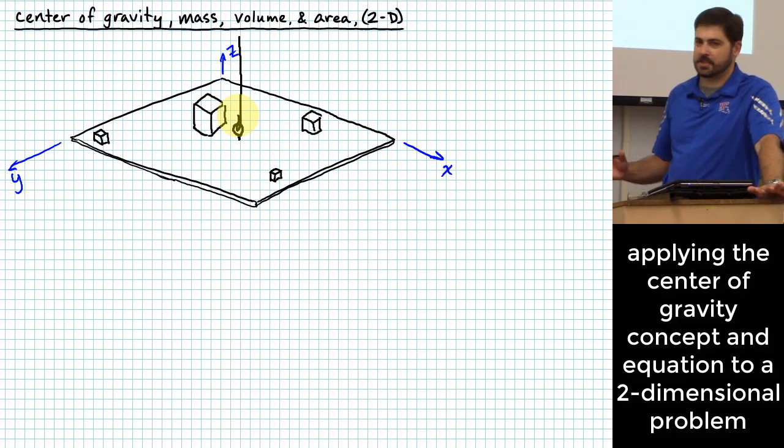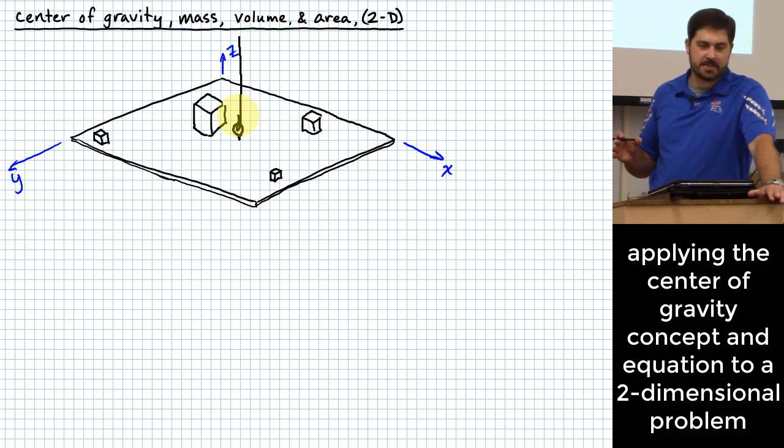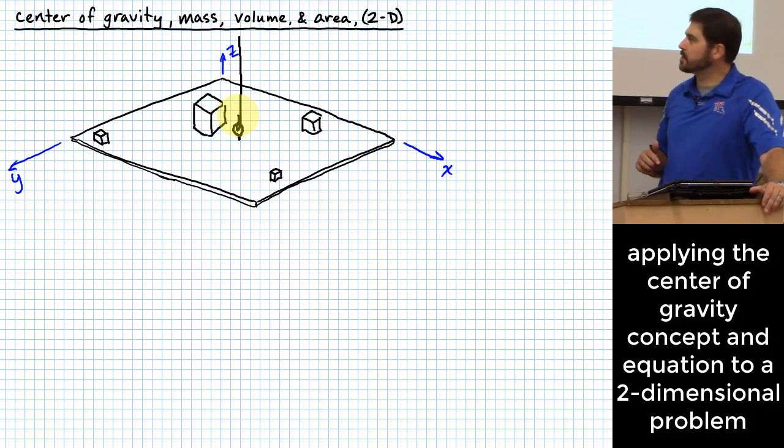Okay? Same question, right? It's just now a two-dimensional question as opposed to a one-dimensional question. Now, what do you think the answer is going to be?